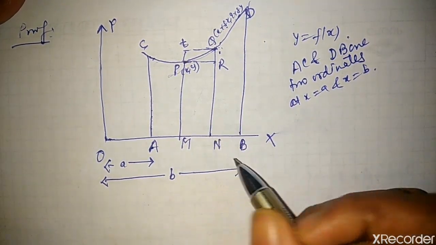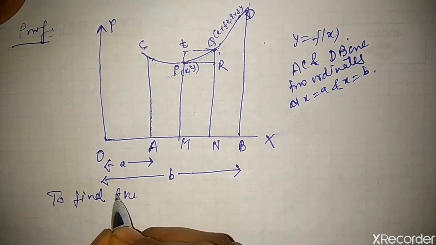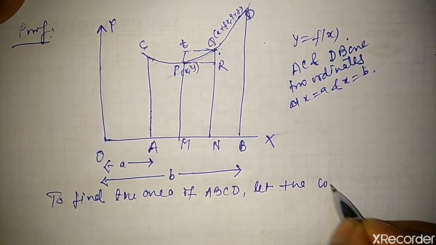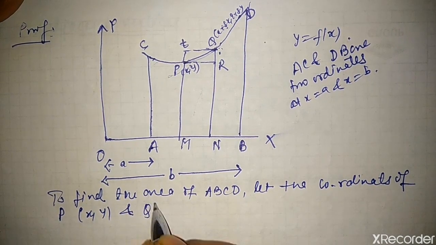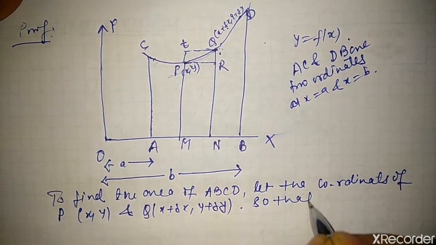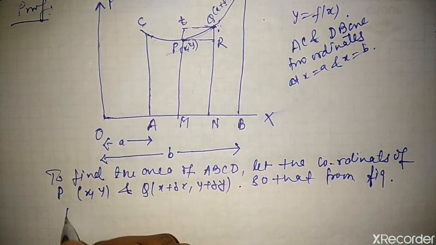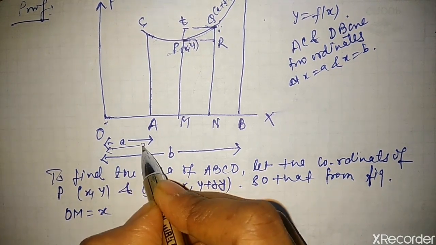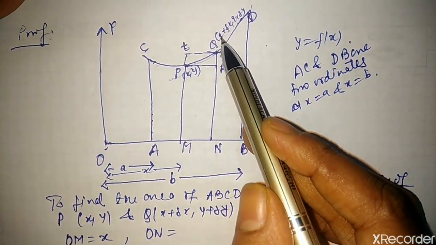To find this area, let the coordinates of P be (x, y) and of Q be (x plus del x, y plus del y).